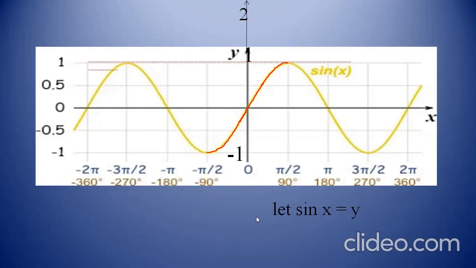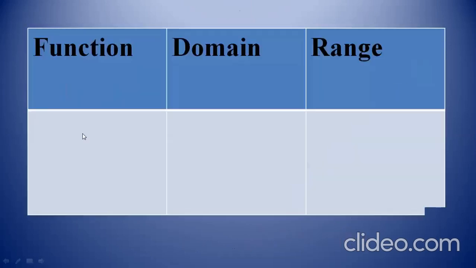So we can write x is greater than or equal to minus pi by 2 but less than or equal to pi by 2. Then the value of y lies between minus 1 and 1. Now we can write the domain and range of the inverse of sine.